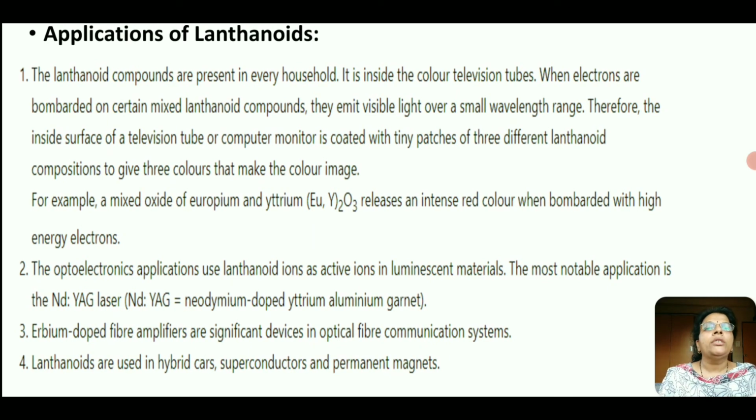Now first, the lanthanoid compounds are present in every household. It is inside the color television tubes. When electrons are bombarded on certain mixed lanthanoid compounds, they emit visible light over a small wavelength range. Therefore, the inside surface of the television tube or computer monitor is coated with tiny particles of 3 different lanthanoids.